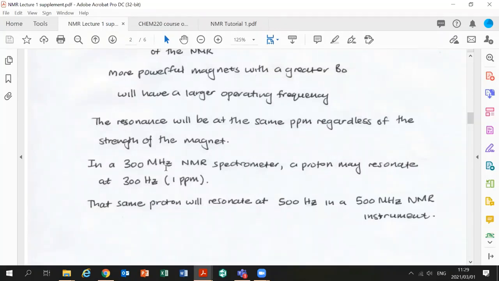So if I have a 300 megahertz instrument, I'll need 300 hertz for 1 ppm. I'll need probably the same relative amount of energy. So as you increase the strength of the magnet, you'll need more energy to flip the spin of a particular nucleus to go from the alpha state to the beta state.